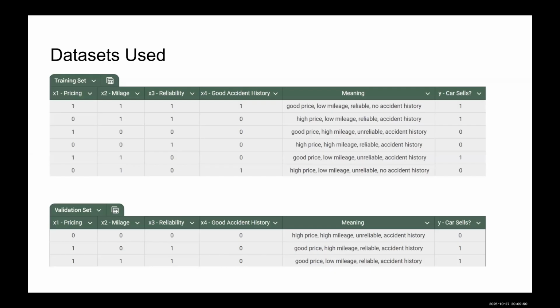For example, like the first example, a car with all ones indicates a car with a good price, a low mileage, high reliability, and no accident history. And therefore the car sells. That's why Y is a one. On the other hand, if it has poor reliability or a bad accident record, it's less likely to sell.